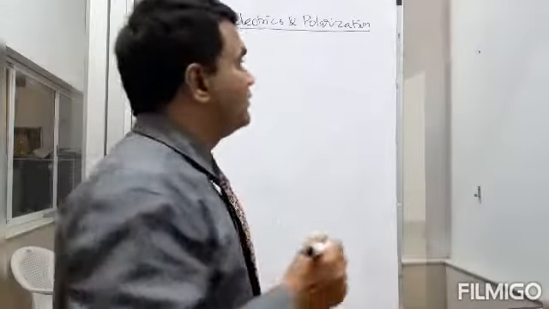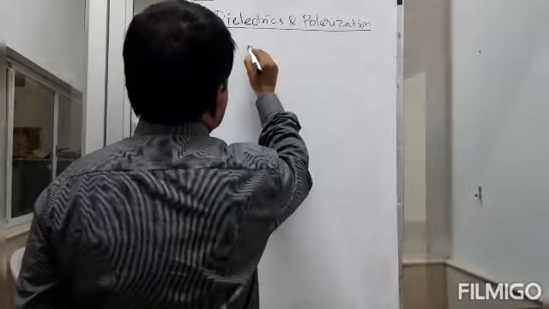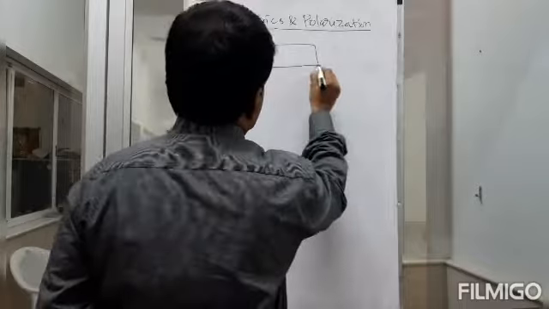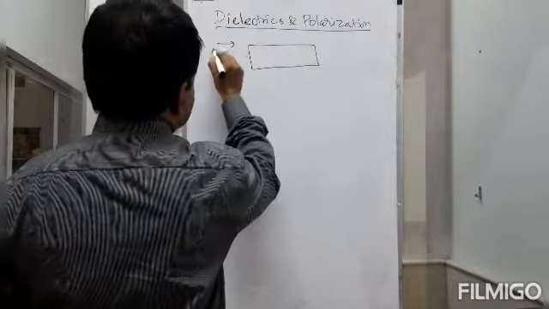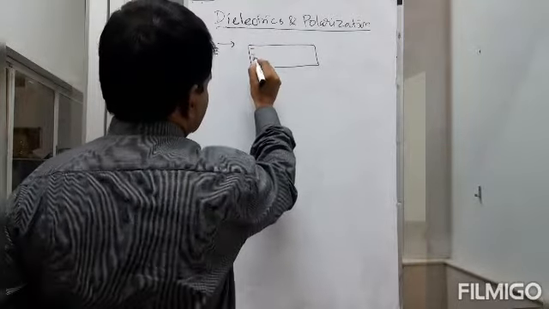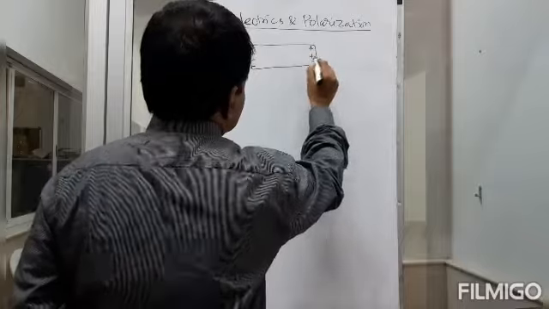So we said that when you have a dielectric or a conductor, it's like this, and then when you subject it to an external electric field, charge gathers here. Let's say it's like this, minus and then plus here.